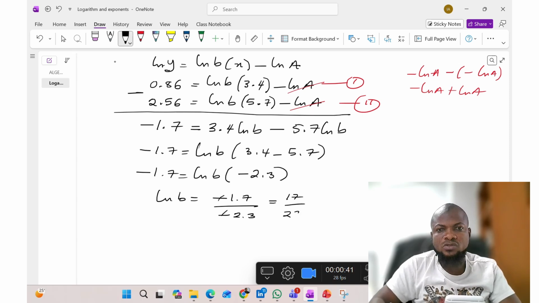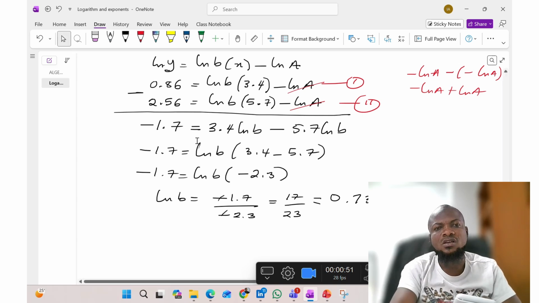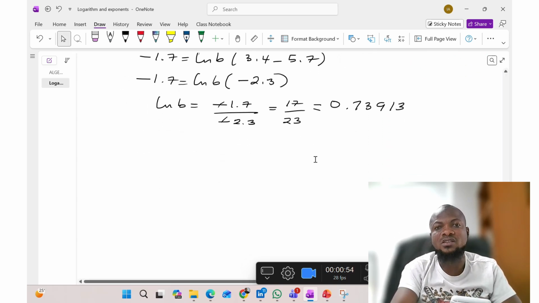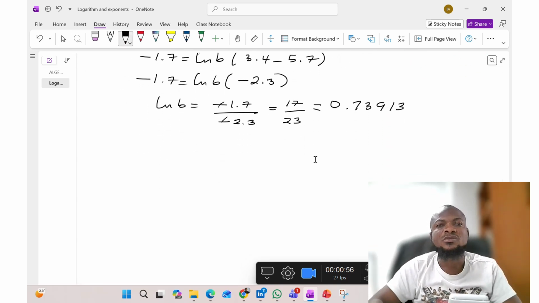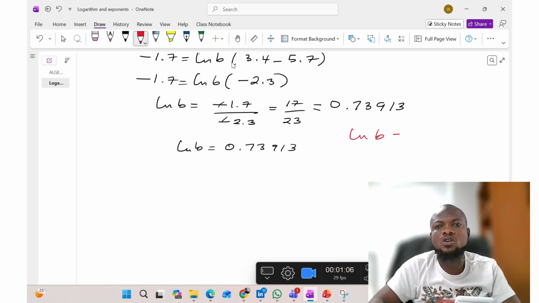17 over 23, or I can also write it as 0.73913. Please write at least 4 decimal places if that is not your final answer, so it doesn't affect your final answer. So at this point, ln b is equal to 0.73913. Remember that ln b is also the same as log b to base e.